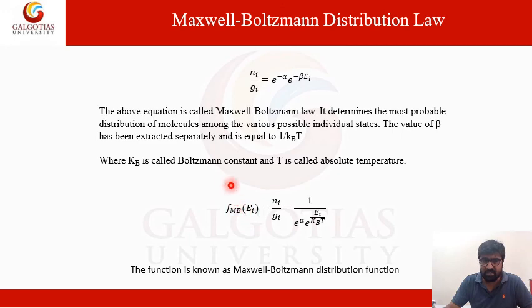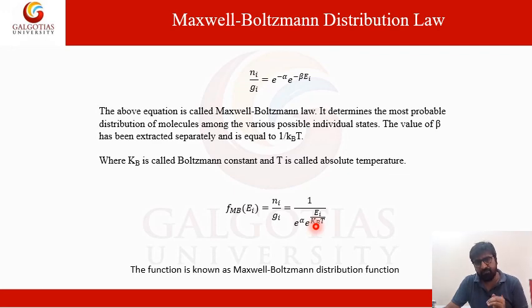What the Maxwell Boltzmann distribution says is that if your energy is very small at a particular temperature, then the denominator exponential ei by kT becomes very small. Subsequently, 1 by something small is very large. It means at very low energy, at the ground state, the probability of finding particles is high.